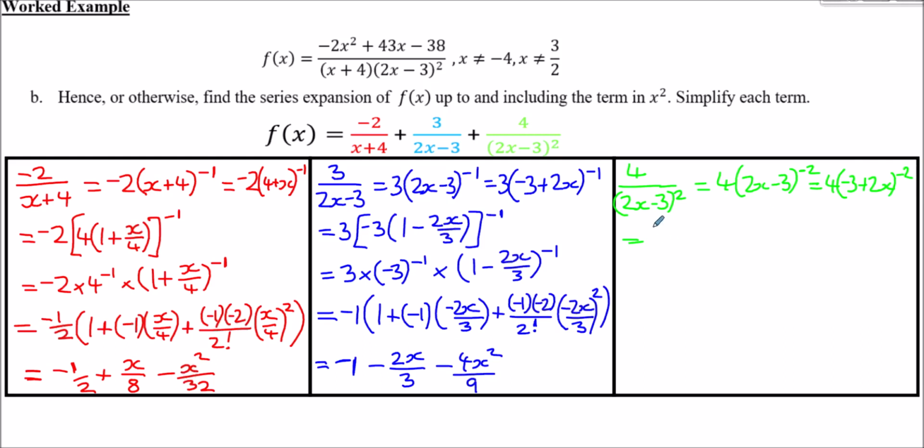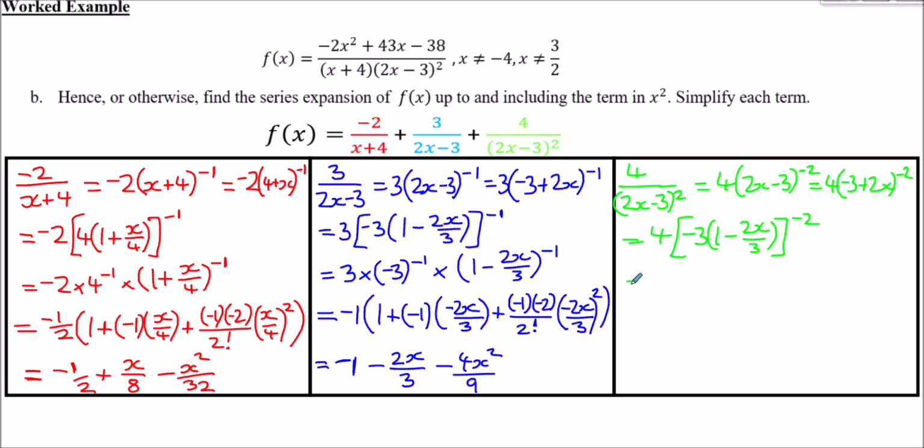So we've got the 4. And again, because it's the same bracket, the power's different, we can use what we had here to help us. So again, we factorise out the minus 3. So it's going to be exactly the same thing here, just that's going to be a negative 2. So we've got 4 lots now, minus 3, 1 minus 2x over 3, to the power negative 2.